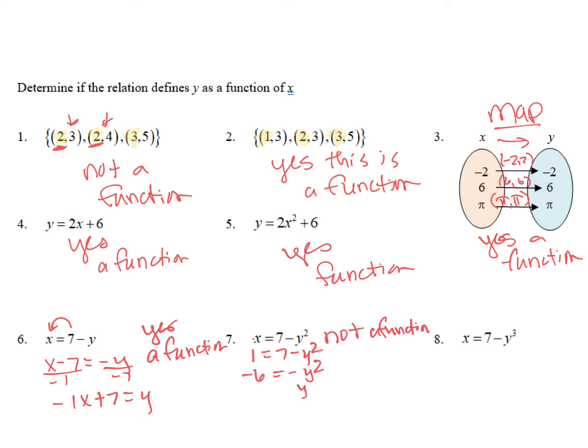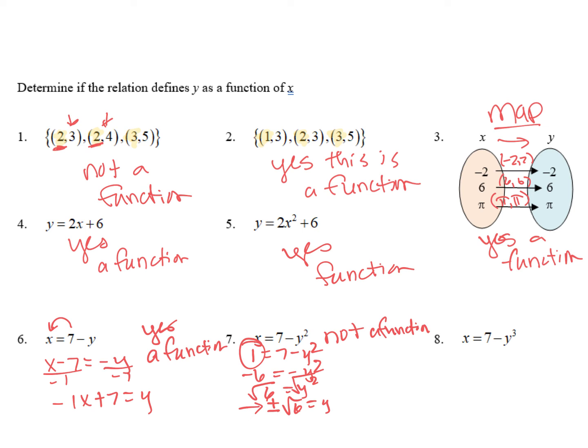Which, when I divide, I'm going to get y squared equals positive 6. One of the things we're going to learn in this class, when I take the square root to solve, that's plus or minus the square root of 6 is y. Well, that's two different y values for this one x value I put in. So that's not a function.